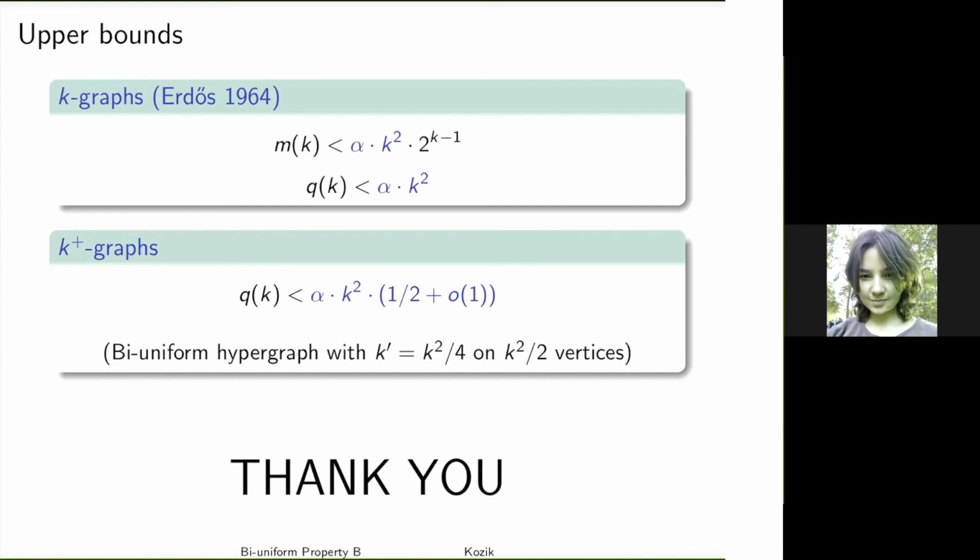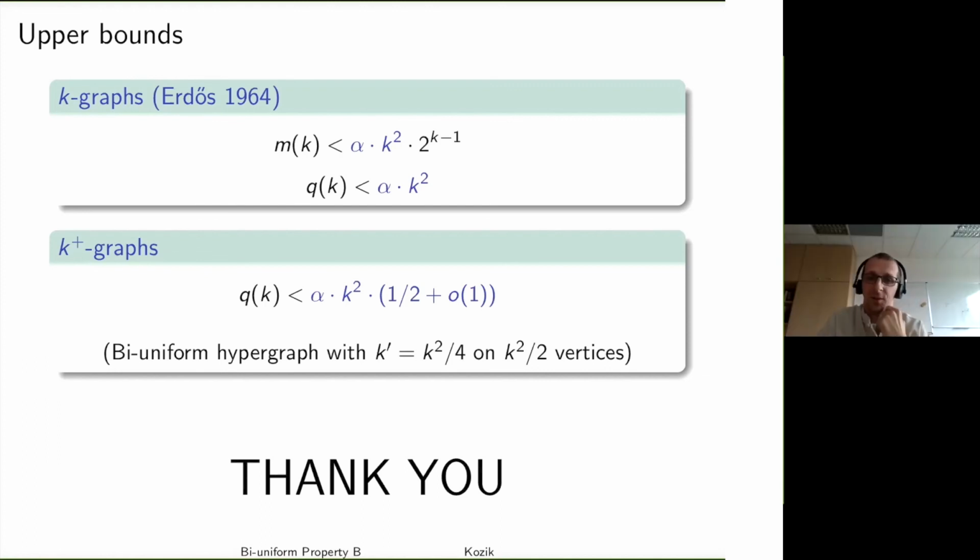And in this case, the co-function, I think, has another factor, not 2, but p and 1 minus p. And unfortunately, the upper bound on the co-function is again square root of k. I don't know, maybe it is possible to improve it, but it seems hard to improve these upper bounds.